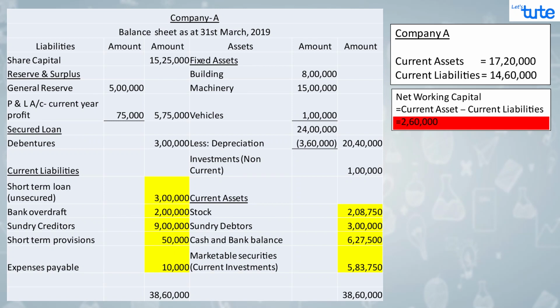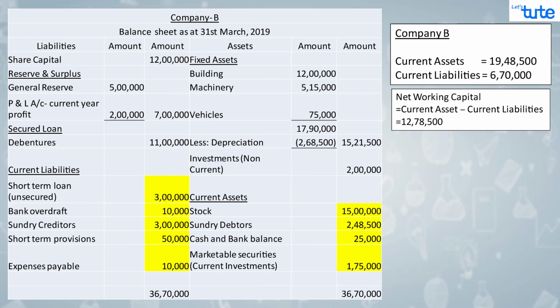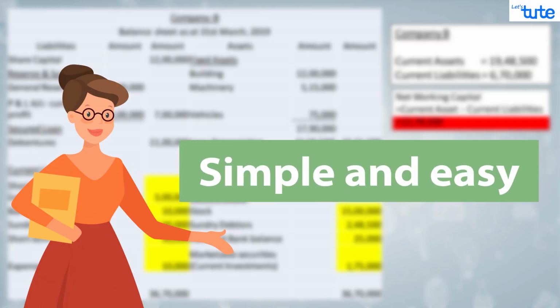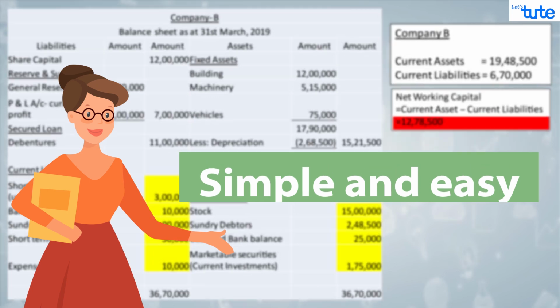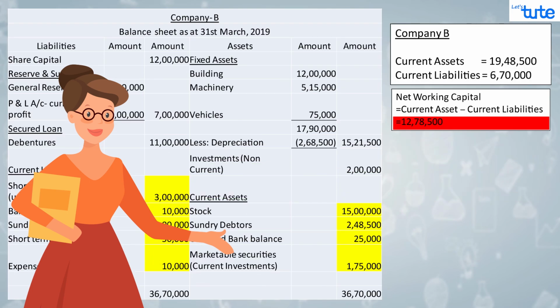While calculating same for the company B, total current assets are 19,48,000 and total current liabilities are 6,70,000 and net working capital comes to 12,78,500. As we can see here, it is very simple and easy to calculate net working capital or net working capital ratio available with the company.